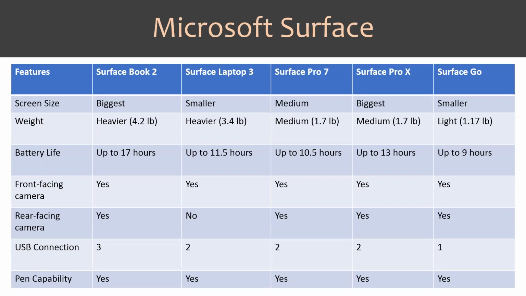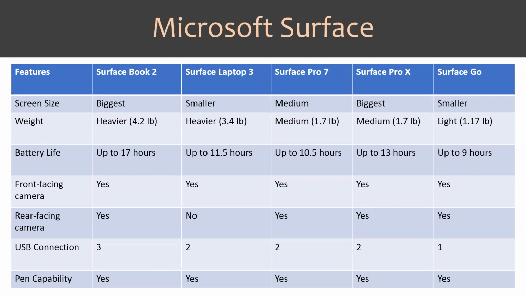And that also follows up with the weight of the Surface computer. So our heaviest option is the Surface Book. That's the one that I have. Our lightest option is going to be the Surface Go, and the Surface Pro, that's going to provide you with a lighter laptop option.